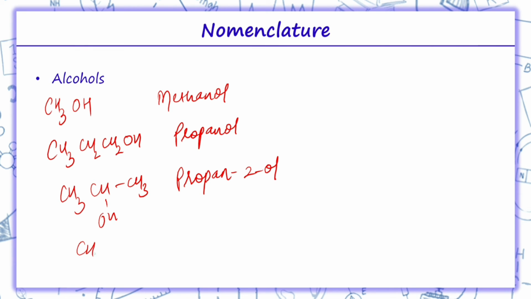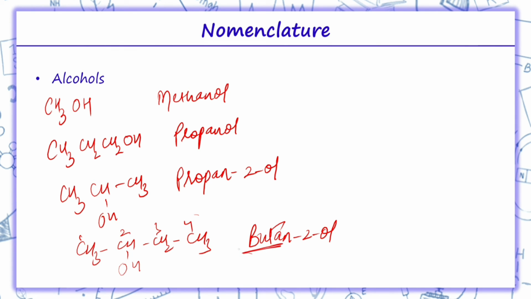Then we have CH3CHOHCH2CH3. This is known as butan-2-ol. 1 2 3 4, 4 carbons so but, in the second carbon the OH group is attached, butan-2-ol.